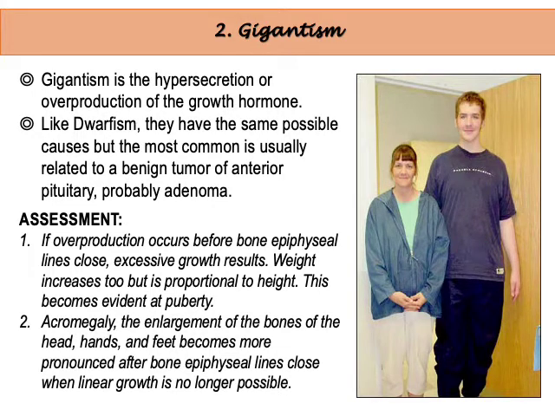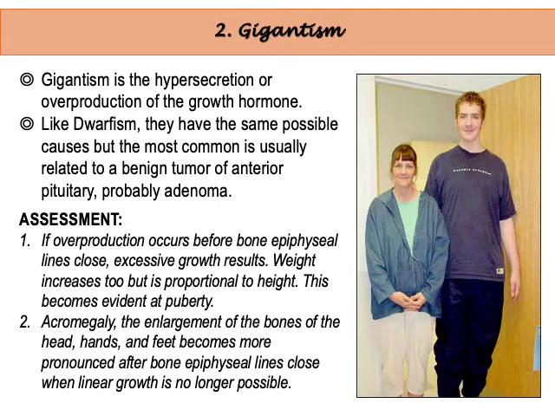Assessment findings: if overproduction occurs before bone epiphyseal lines close, there is excessive growth. The weight also increases, but it is proportional to the height. This becomes evident at puberty. Acromegaly may also occur, but later in life.